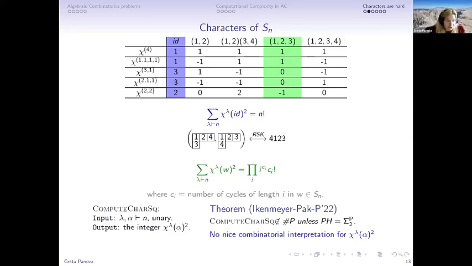I don't know of any such result, and we are working on the Kronecker coefficient right now. It's still not entirely clear which way it's going to go. For other groups, proving computational complexity results is also hard, right?